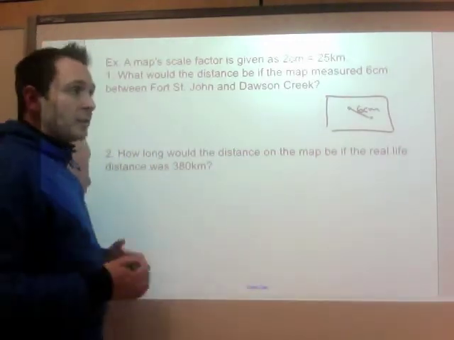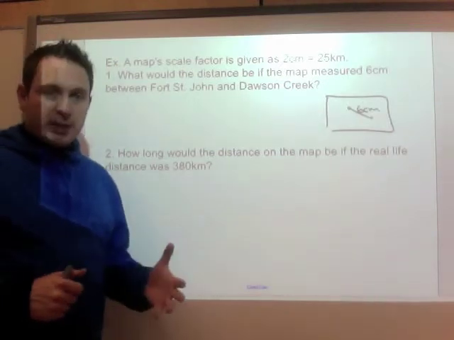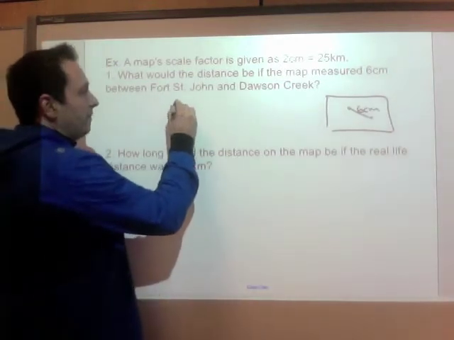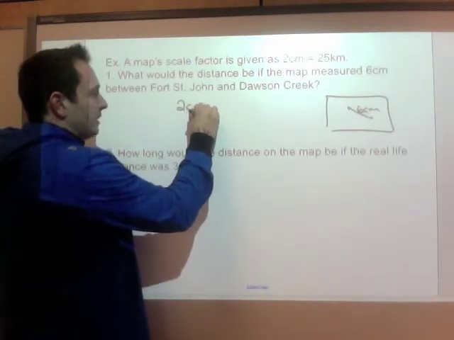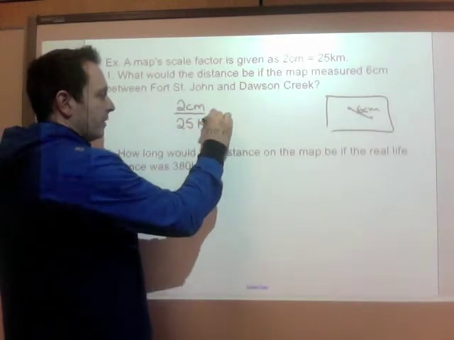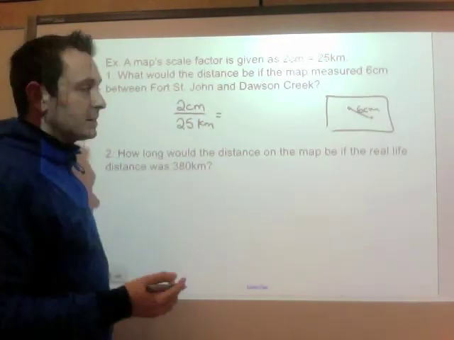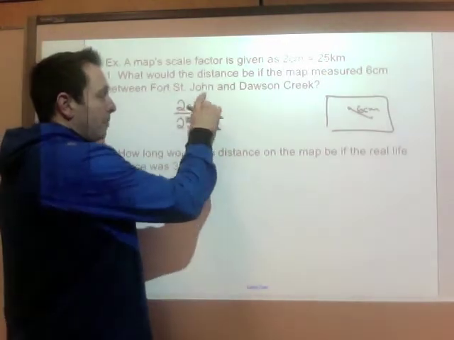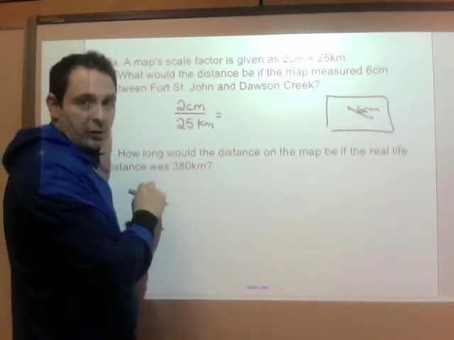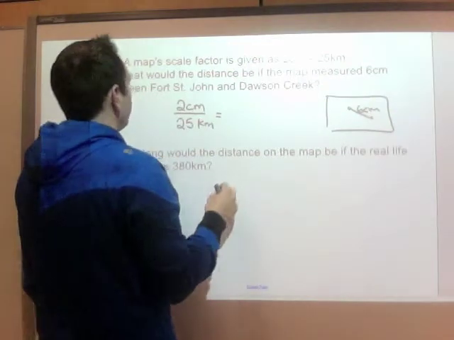So all of that ratios and related rates work we did in the first couple chapters applies here too. We know that our scale factor is 2 centimeters equals 25 kilometers. Then to solve this, so map on top, real life on the bottom, 2 centimeters on the map is 25 kilometers in real life. The map measured 6 centimeters.